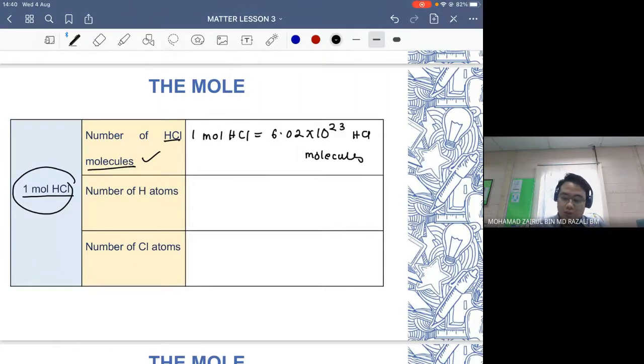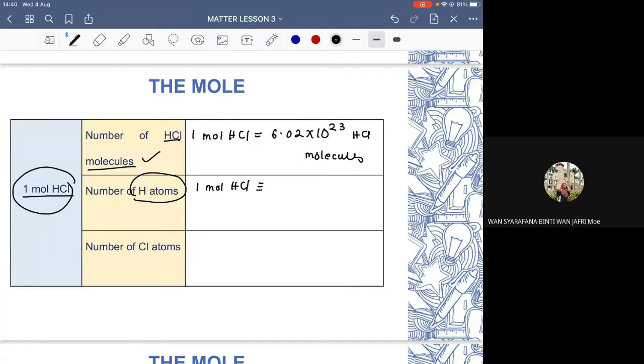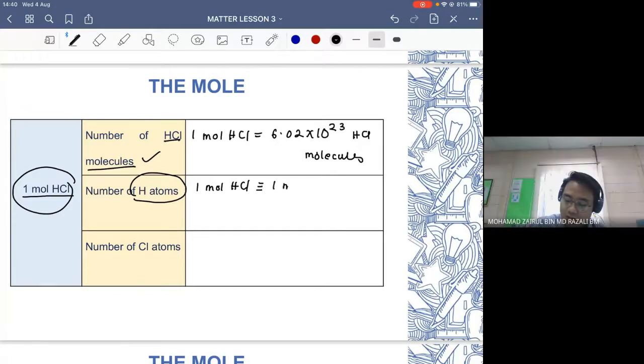Okay, so number of hydrogen atoms in 1 mole of HCl. So we can use ratio. So 1 mole HCl is equivalent to how many mole of hydrogen atoms? Ada berapa hydrogen atoms dalam HCl tu? Ada berapa? 1. So there must be 1 mole of hydrogen atom.